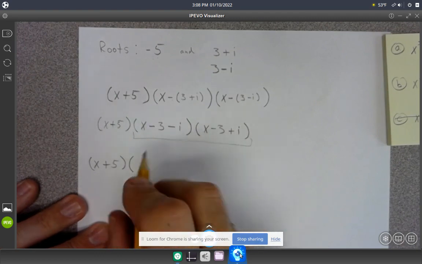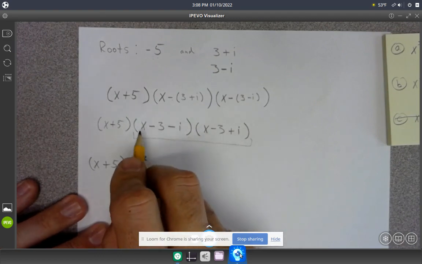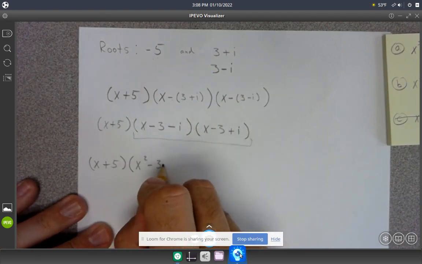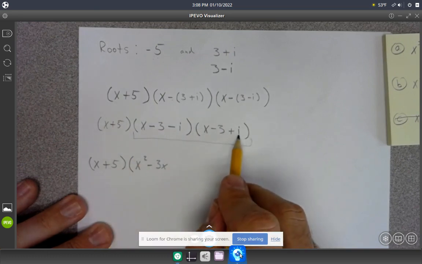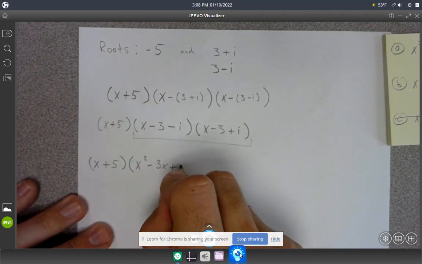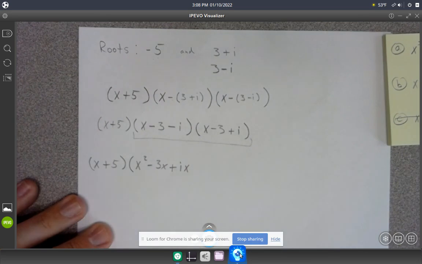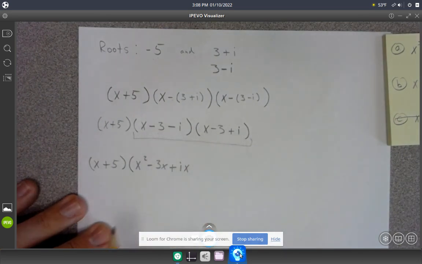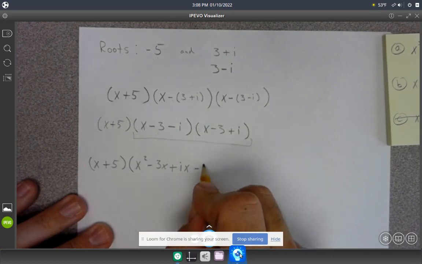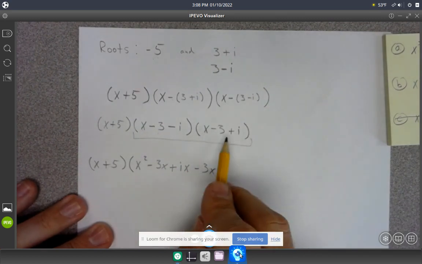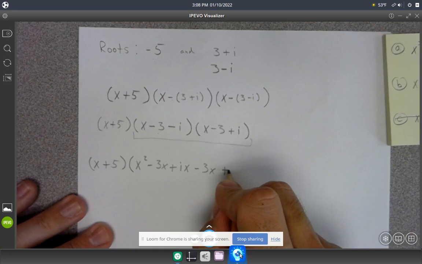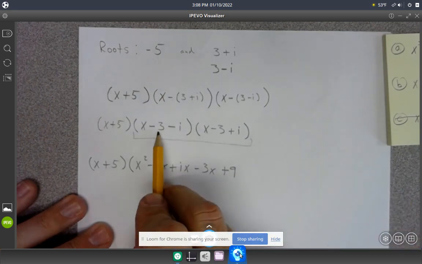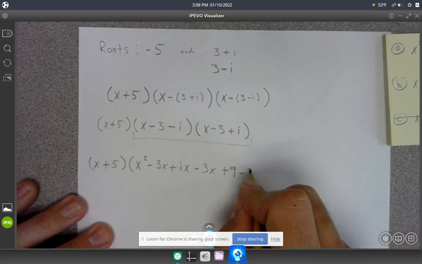All right, x times x is x squared. x times -3 is -3x. x times i is a positive ix. And now I'm going to do the -3 times each of these. -3 times x. -3 times -3 is positive 9. -3 times i, negative 3i.